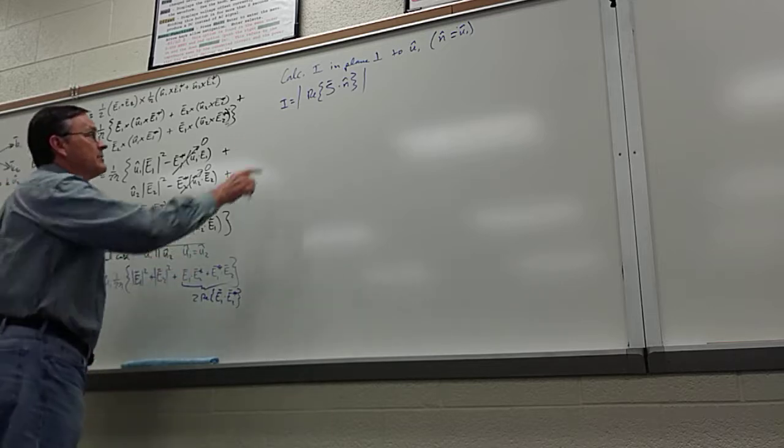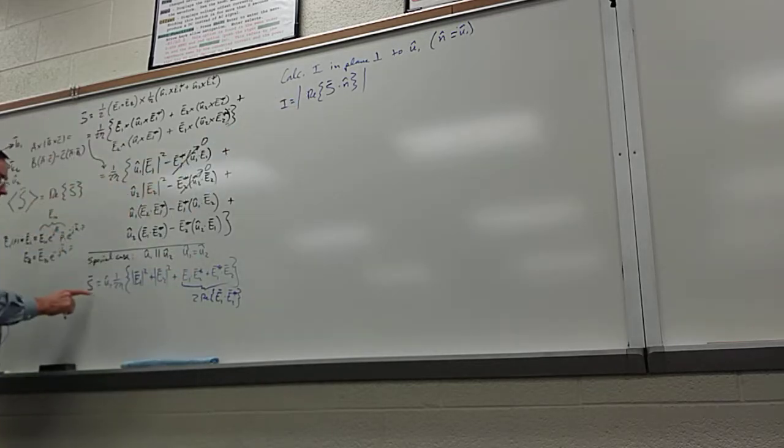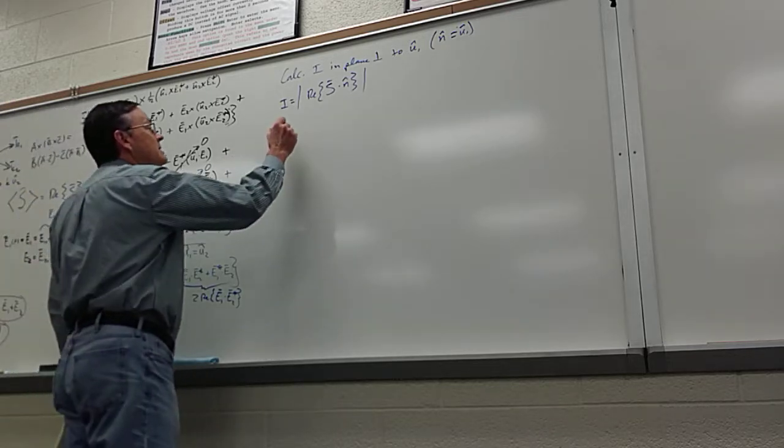Okay, so if we take n hat and dot it into this complex Poynting vector, all we do is have n hat dotted into U1 hat, which is 1. So that's no big deal. What's that? Sorry, I was just saying, so it's just the real part of the Poynting vector. Yeah, and we already noted everything's already real. And magnitude, well, this is going to be positive.